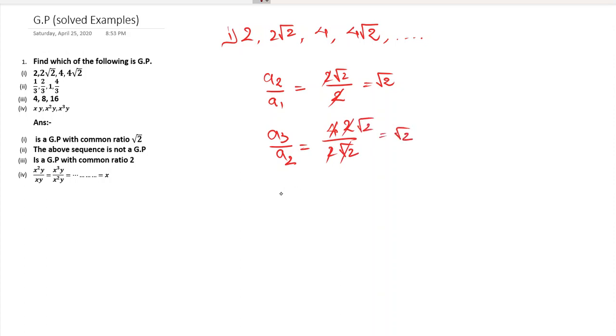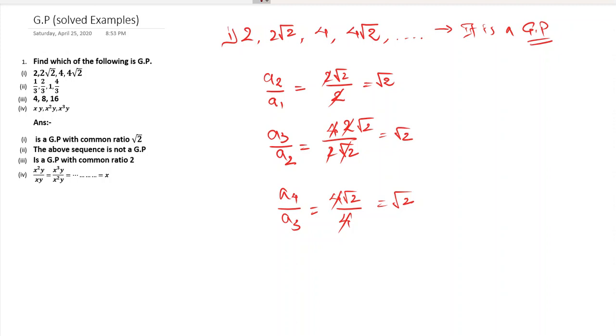What is the fourth term divided by third term? 4 root 2 divided by 4. Again you get root 2. So since the common ratio is same, therefore it is a GP with common ratio root 2.